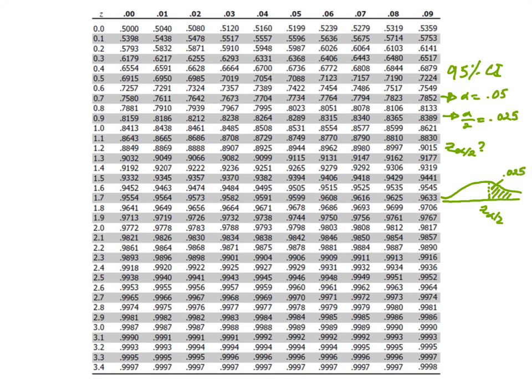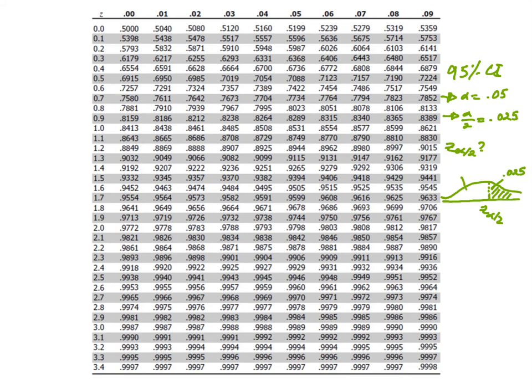Now remember the interior of the Z table gives us probabilities, and specifically it gives us probabilities to the left of a given Z value. So in order to use the table, we need to figure out the area of the unshaded part.